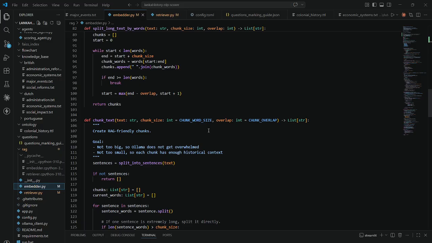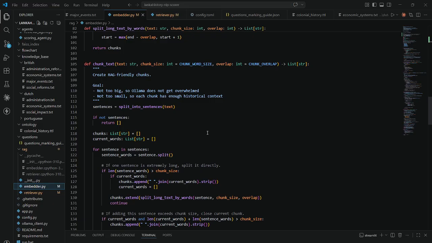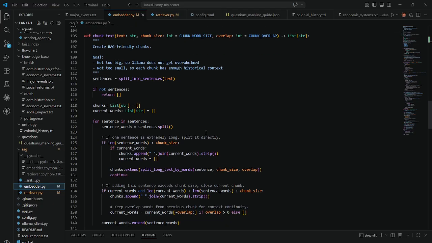At scoring time, the retriever uses the selected question and the student answer to find the top relevant Sinhala evidence passages. This reduces hallucination because the scoring process is grounded in local knowledge base content.